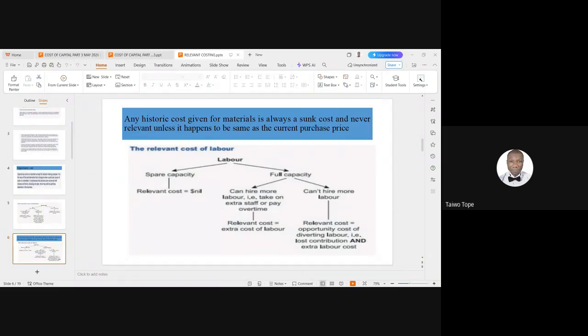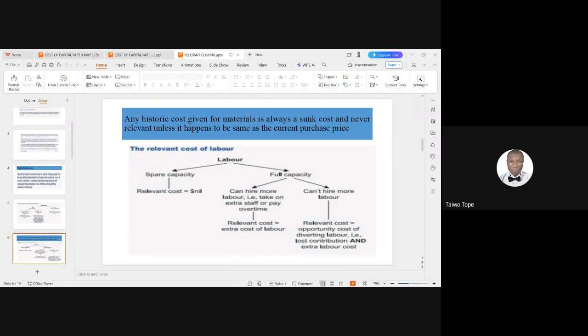So you need 20 workers, but only 10 are fully engaged. Because you have them in excess, the cost of bringing those extra hands into a particular function will not cost you anything because you're already paying them monthly.